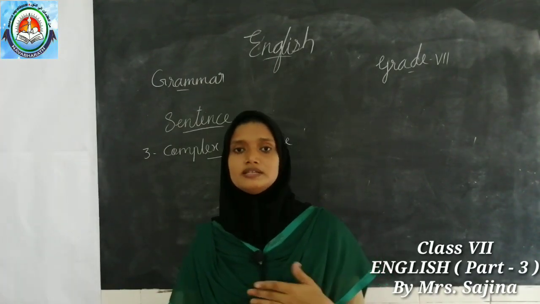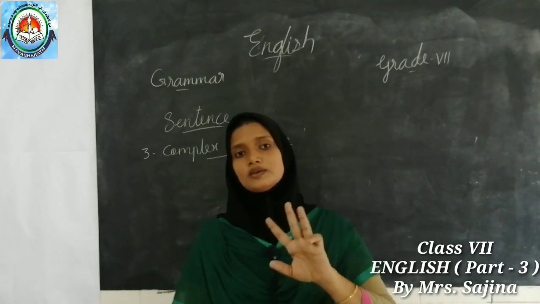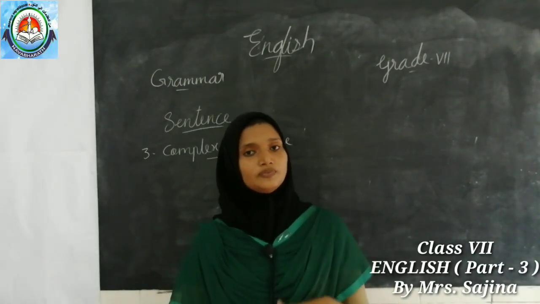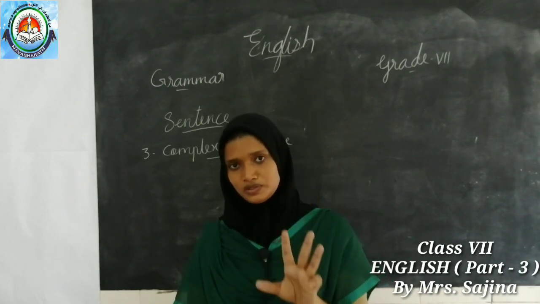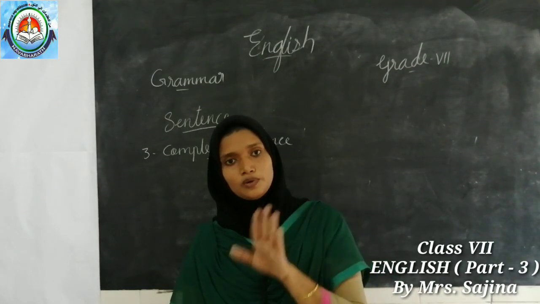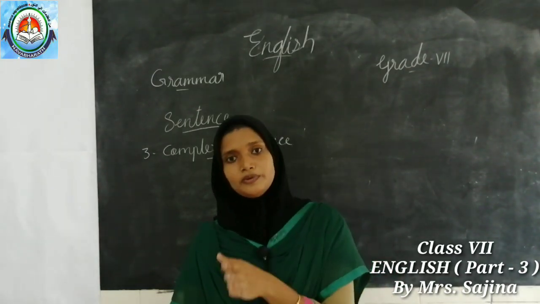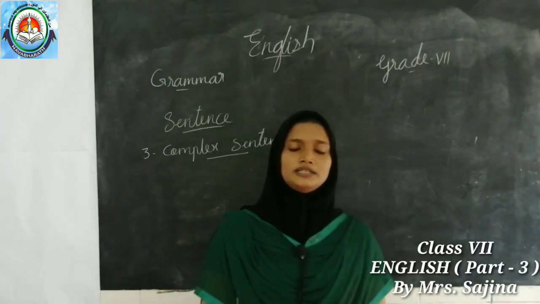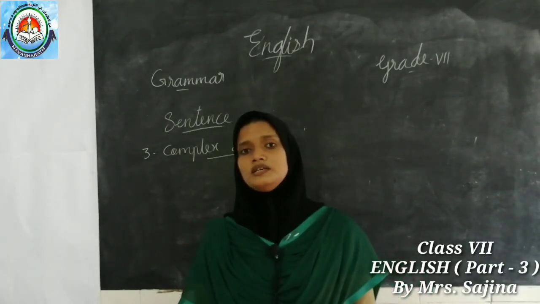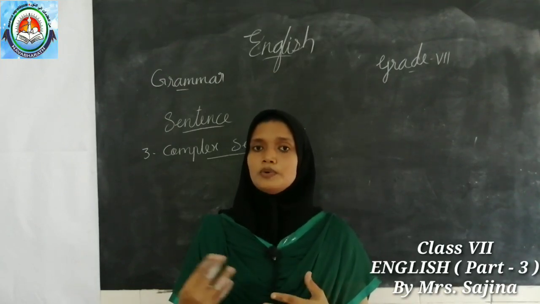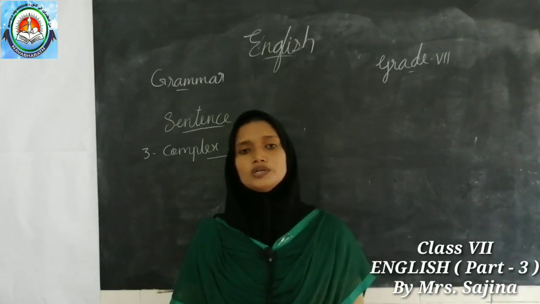How many types of sentences are there? Simple sentence, compound sentence and complex sentence. In a simple sentence we can see only one main clause. In a compound sentence we can see one or more main clauses and a number of subordinate clauses, and they are joined by conjunctions. Then in a complex sentence we can see one main clause and one or more subordinate clauses.